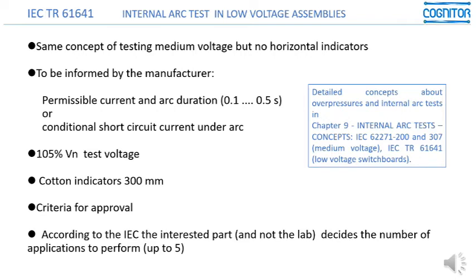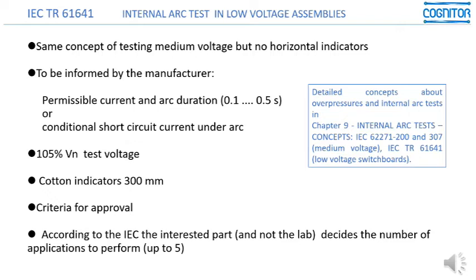However, it is more and more required by the users, that equipment has this ability of supporting the internal arcs. But for medium voltage switchgear, it is a type test, fully included in the standard. In this case, then, it's not a type test, but many users request it.